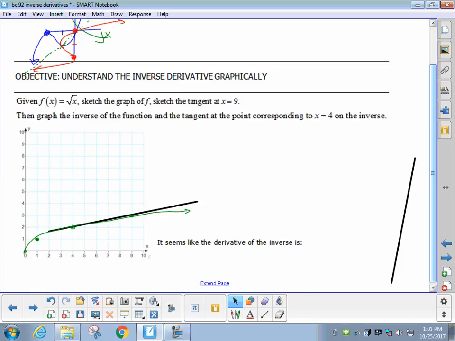Approximate the slope. Actually, I don't need about. What's the slope? One-sixth, yeah? Derivative of root x at 9 is 1/6. Okay, would you now graph the inverse in a dotted line kind of fashion or some other color?